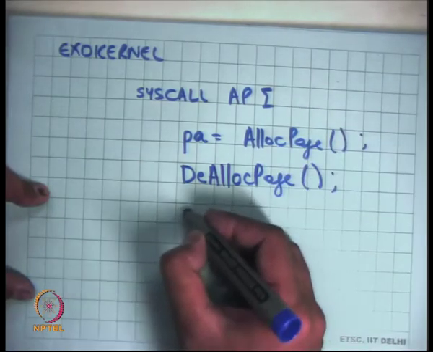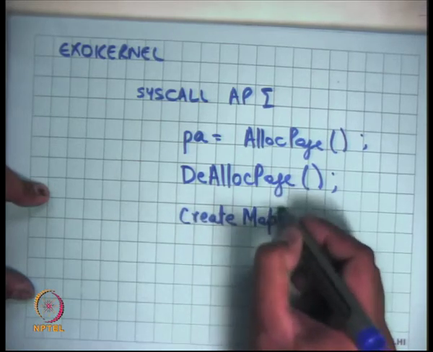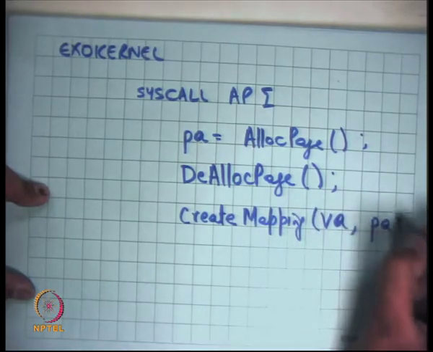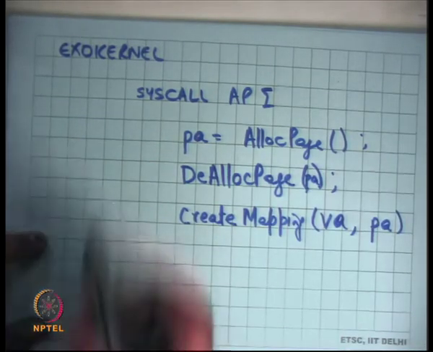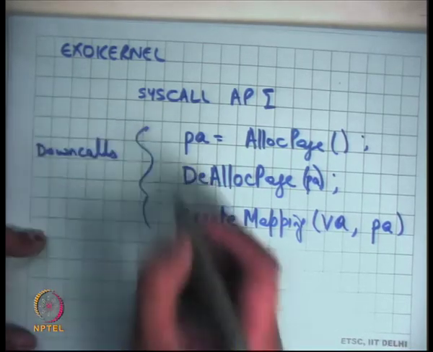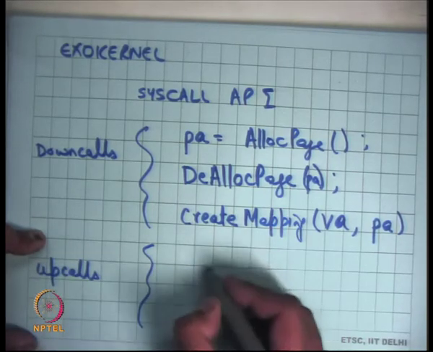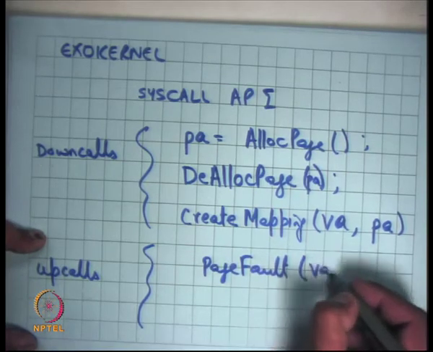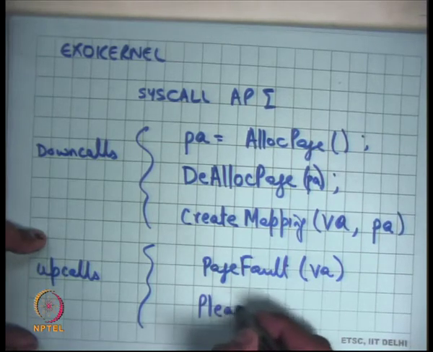And then there is create mapping from virtual address to physical address. These are the down calls. I'm going to explain what down calls mean. And then there are some up calls. Up calls are page fault on virtual address, and please release a page.